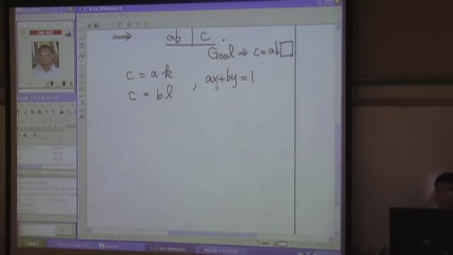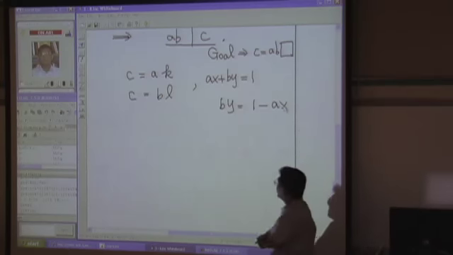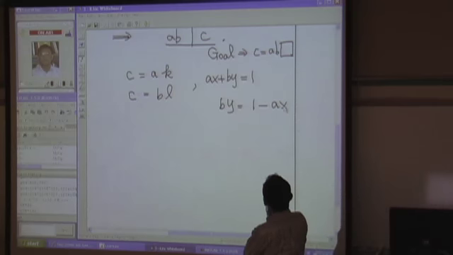I want to use, for instance, A or B representation. So with this, BY equals 1 minus AX. I'm just writing down the representation. Then what is the way to lead to that position? I want to multiply by some number such as L. Then what happens?